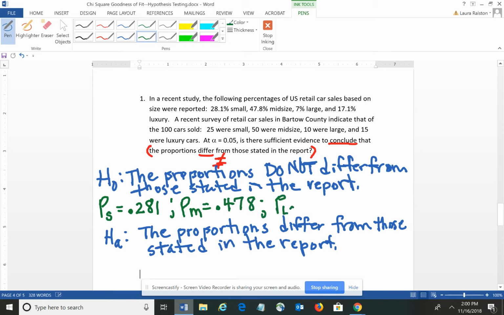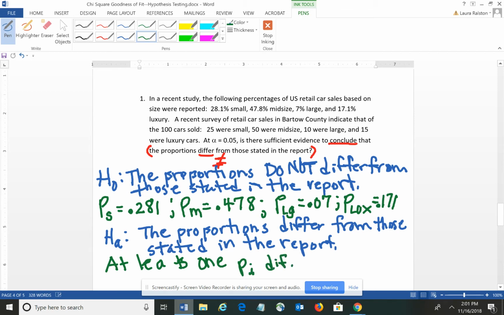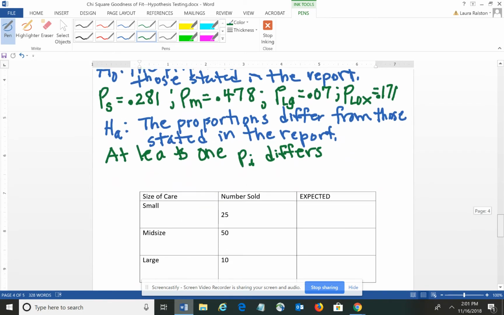The percentage for large was 7% or 0.07, and the percentage for luxury was 17.1% or 0.171. And for the alternative, we would simply say at least one of those proportions differs, that it's not the same as the report that was given.